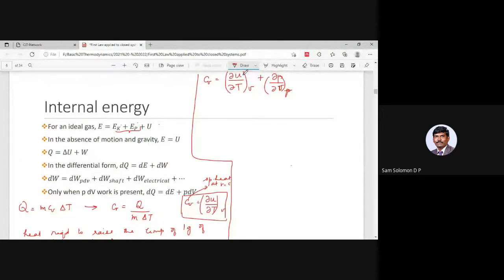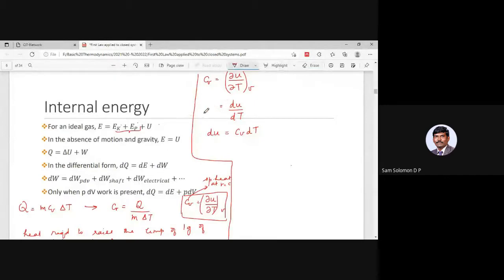But now I have only a single entity here, and volume is held constant, so there is no harm in writing this as du by dT. And so I can write this as du equal to Cv times dT, and this c is small.